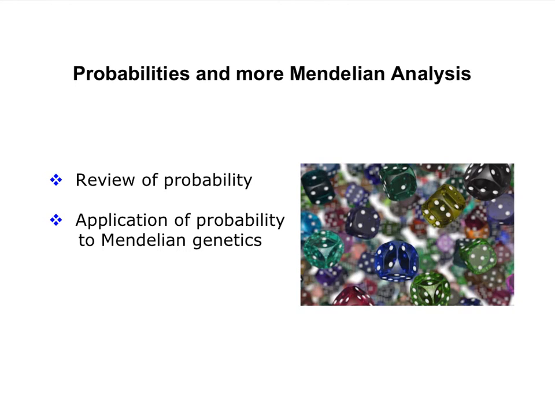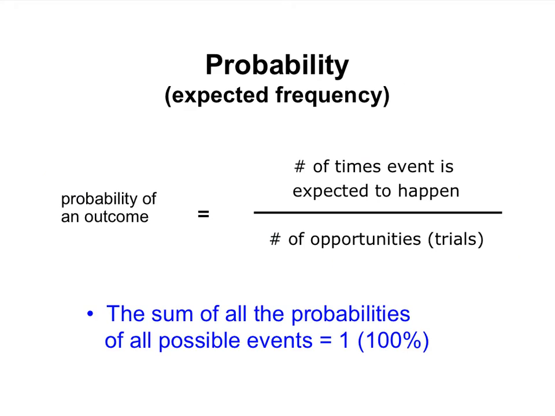Now, when we're dealing with probability, we have to think a little deeper than just 1 out of 6, for instance, on a die. We have to apply this to Mendelian genetics.